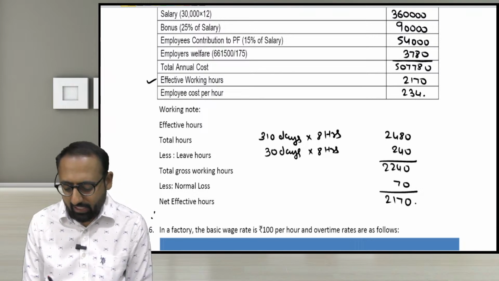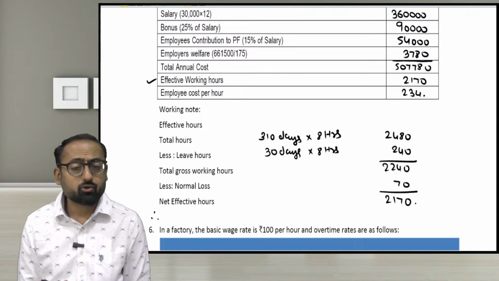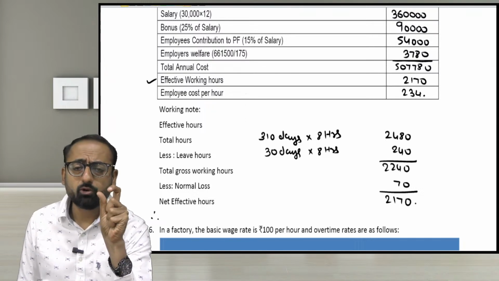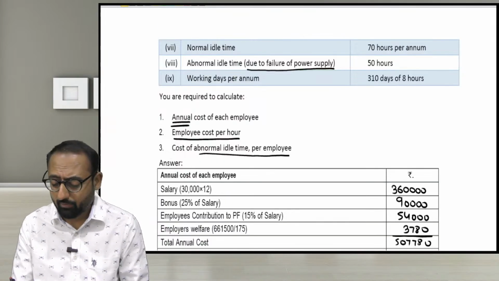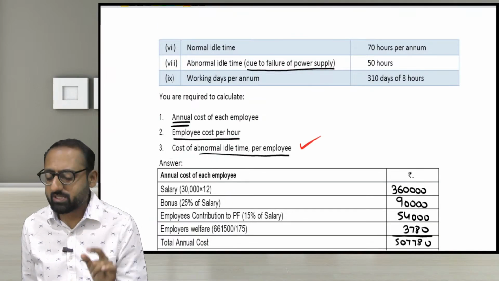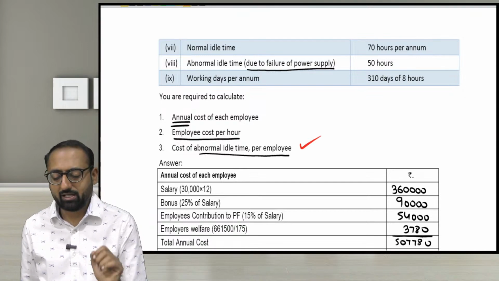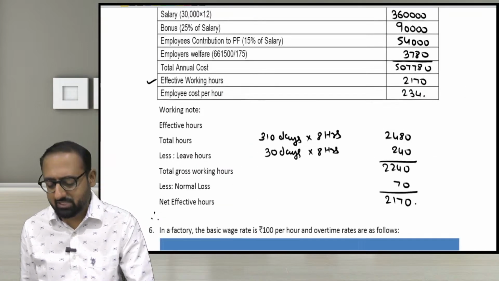And now they have given one more question over there. How much amount will be transferred to costing profit and loss account because of the abnormal idle time? How many hours are lost due to abnormal idle time, like a power failure? 50 hours are lost.